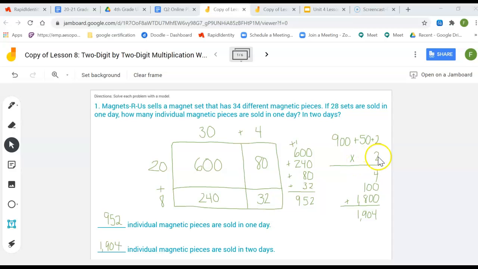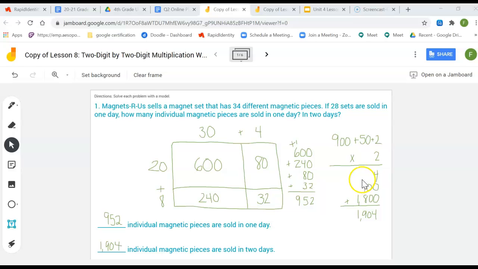And you multiply each of those by 2. 2 times 2 is 4, and then 50 times 2, 100. 900 times 2, 1,800. Those are partial products. When I add those up, I get 1,904. And that's the first one that I've shown you.